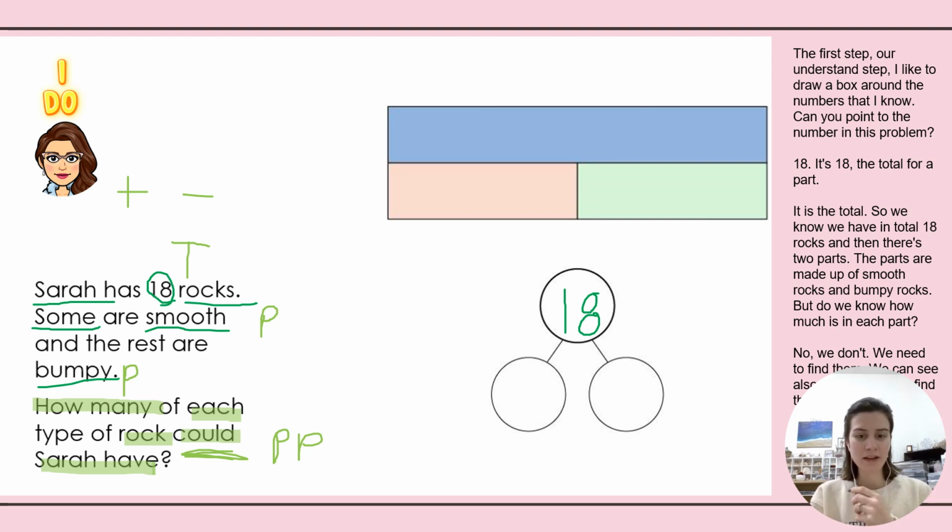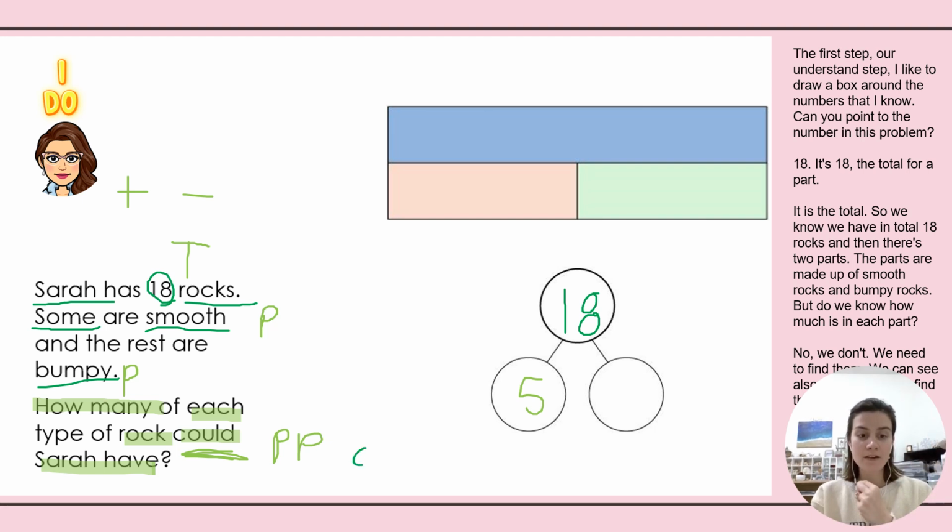We could have chosen the number 5. 5 plus what will give me 18? I'm going to count on until I hit the number 18. Ready? I'm counting on from 5 up until I reach 18, and I'm drawing a circle for each time that I count on.